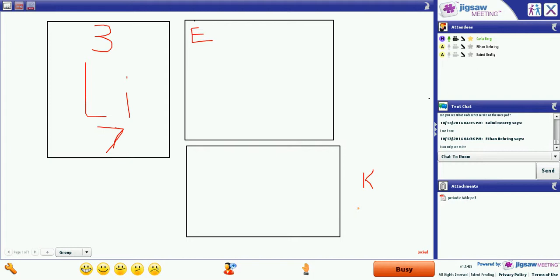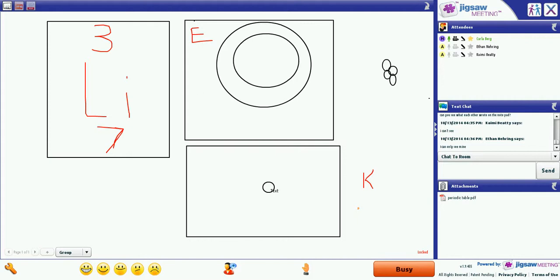I just unlocked your whiteboard, so you can now draw. Now I'm going to go ahead and draw mine over to the right. Now it's hard on the whiteboard to draw. I understand that.